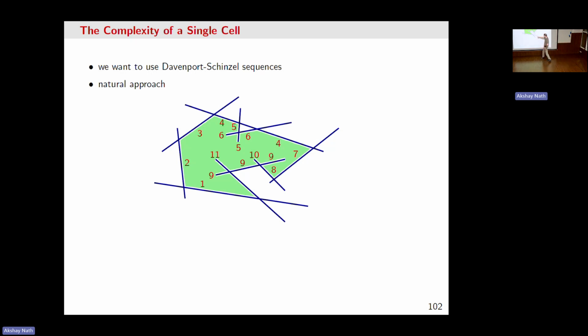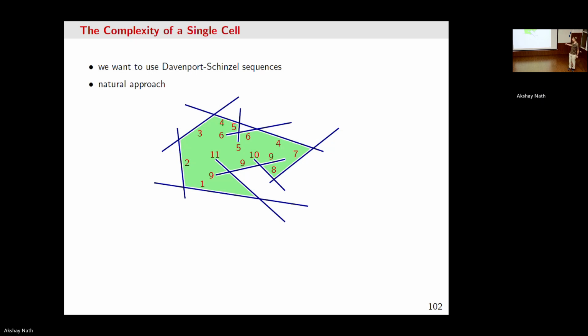Let's say I start here and I see segment 1, segment 2, 3, 4, 5, here 6, 5, 6 again, 4, and so on. And then argue that this is some kind of Davenport-Schinzel sequence, and hopefully of the right order, for the right value of s.